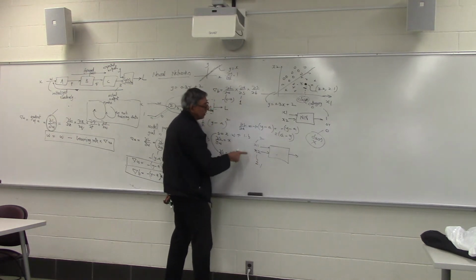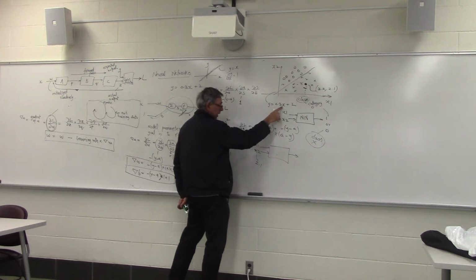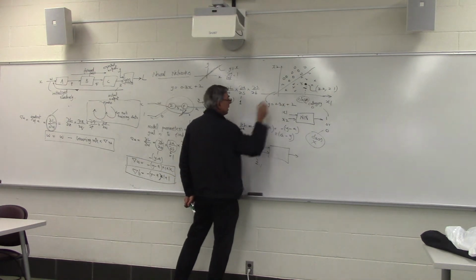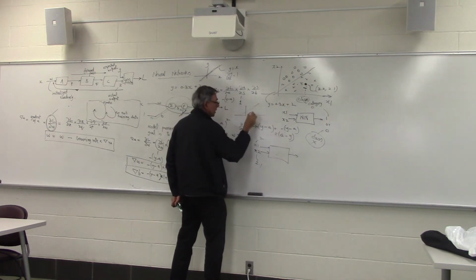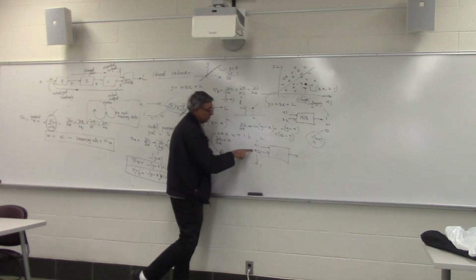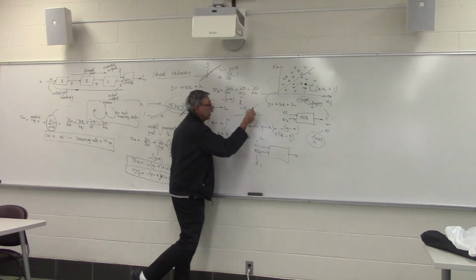Feeding in 2 over here, 2 times 0.3, for x of 2 it has to be 2.6 to be exactly on the line. But what are we feeding in for x2? 2.1, which means we're feeding in a point below the line.